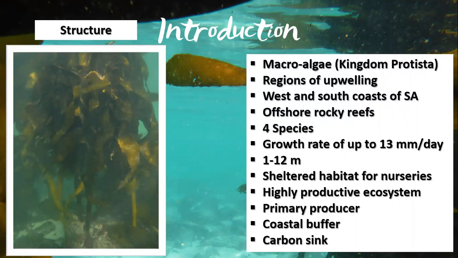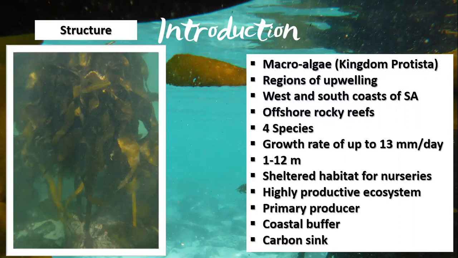As a primary producer, just like the trees of a terrestrial forest, kelp forms the foundation of this marine food web. These dense stands also protect our coastline from the raw energy of pounding Atlantic waves and act as an important carbon sink by removing large amounts of carbon from the atmosphere.